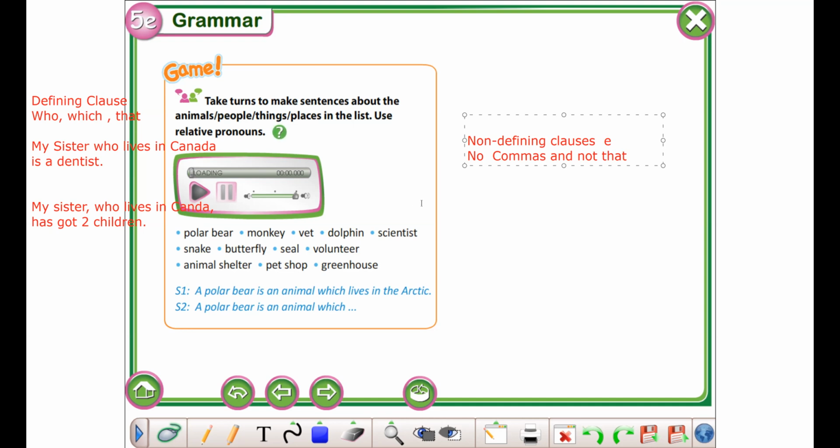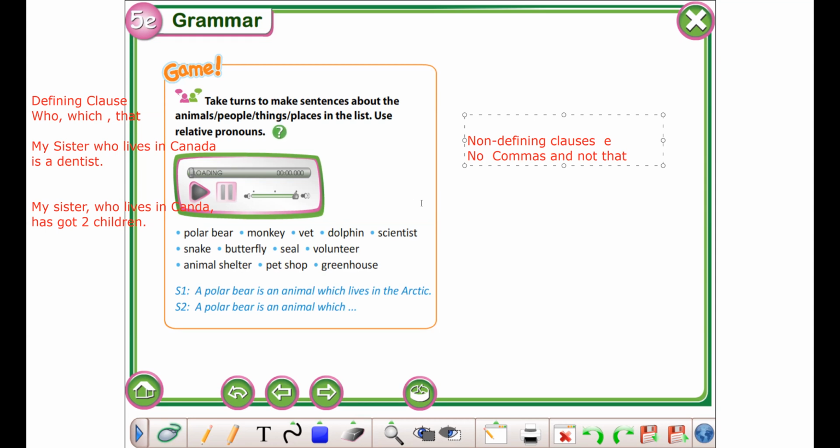Ако имаме запетаи, тогава вече ще бъде вметнат израз. Окей. Следва упражненията на страница 83, page 53 in your book. It's about using some, any, no, every, and compounds.